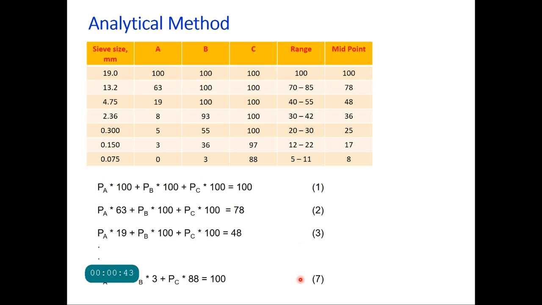Because there are 7 sieves here, you can make 7 equations. Now these equations are to be solved, and that can be done either through MATLAB or through the Solver function in MS Excel. I will explain how it is done in the Solver function.